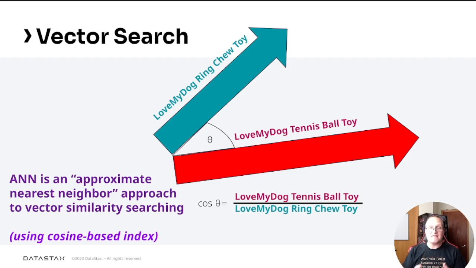This could be a visual representation of the approximate distance between these two vectors and between these two products to allow us to assess how similar they are. So in this case, we would be using a cosine-based ANN, or approximate nearest neighbor approach, to our vector similarity searching.